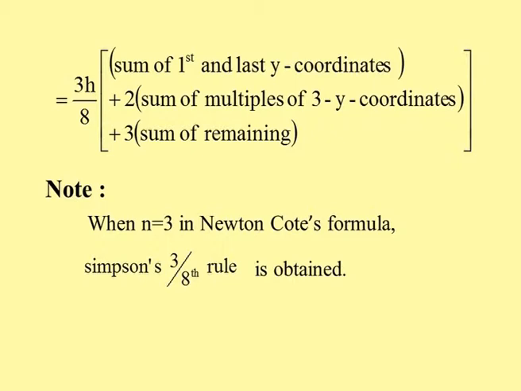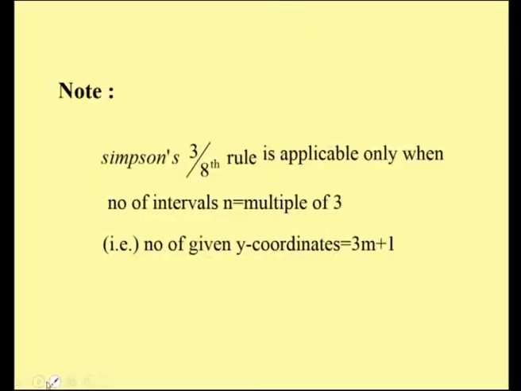Relating to the Newton-Cotes quadrature formula, by substituting n equal to 3, we obtain Simpson's 3/8 rule. The condition for applying Simpson's 3/8 rule is that the number of intervals n is a multiple of 3. So, the number of given y coordinates, or xy pairs, is 3m plus 1.